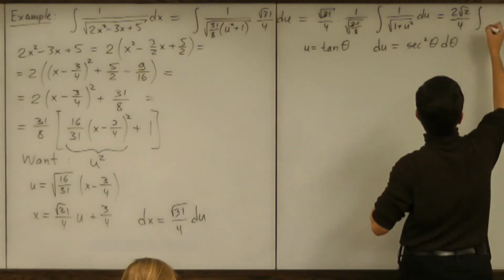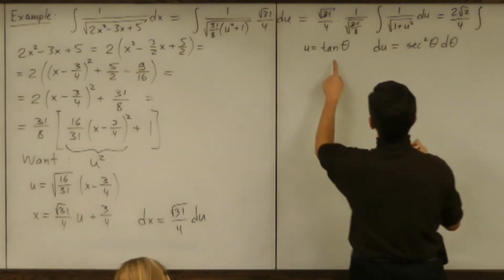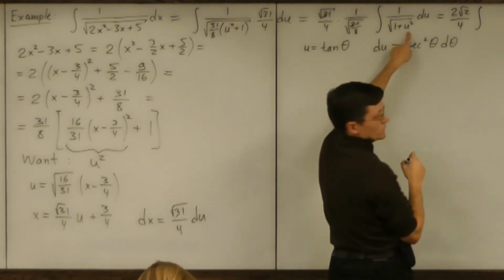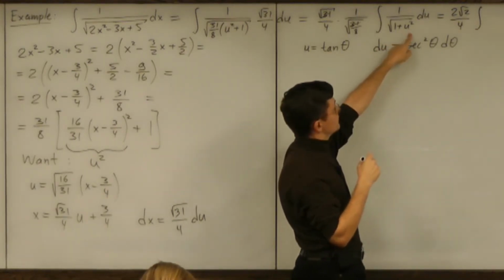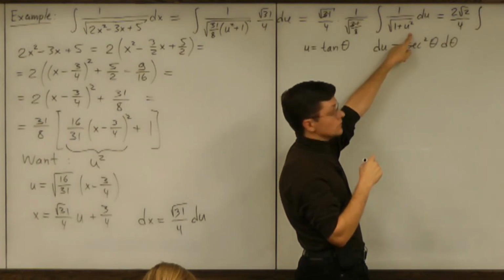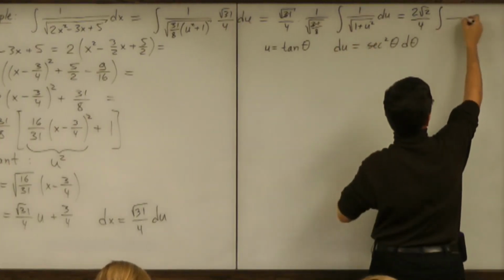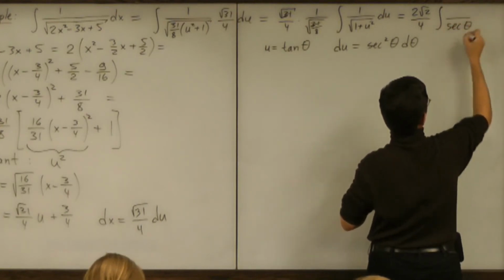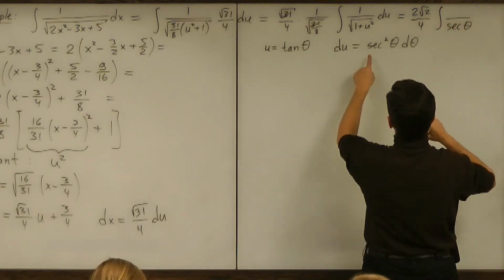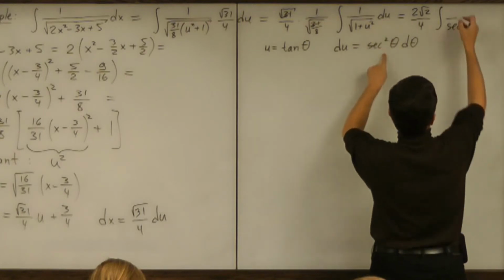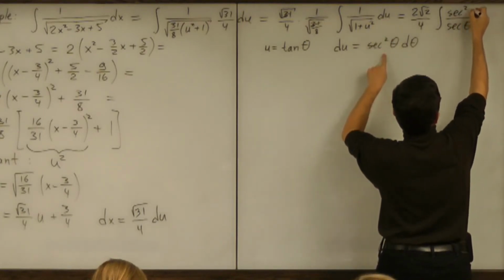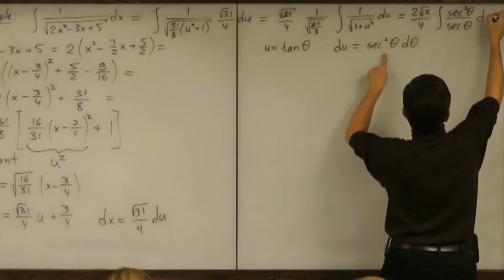The integrand becomes what? 1 plus tangent squared is going to be secant squared, and square root of that is going to be just secant. So I have to divide by secant theta, and du will become secant squared theta d theta.